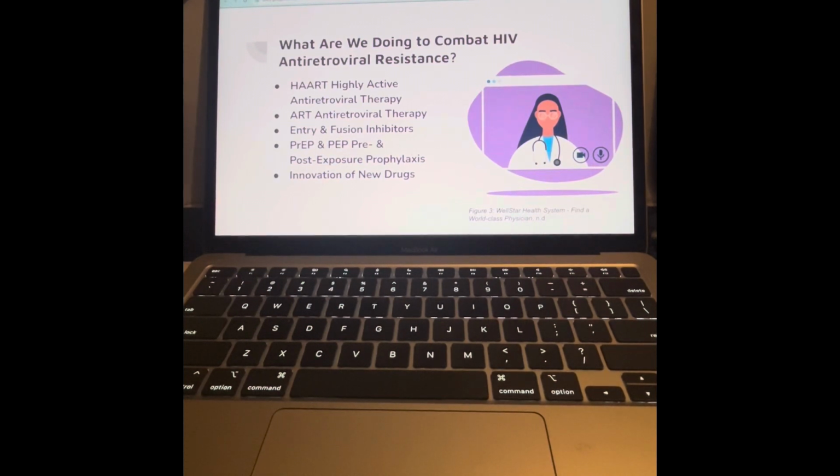This proved quite toxic to the host, and due to advancements in antiretroviral drugs, ART was implemented, which now can consist of a single, more tolerable drug. Emphasizing combination therapy, scientists are able to target the virions from multiple angles, reducing the risk of resistance. Today, we pin our hopes on the development and innovation of new antiretroviral pharmaceuticals.